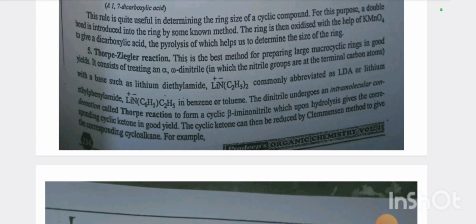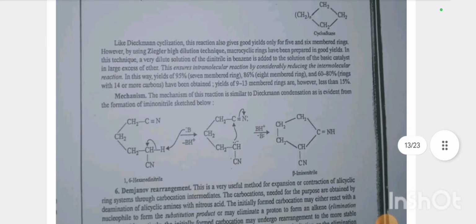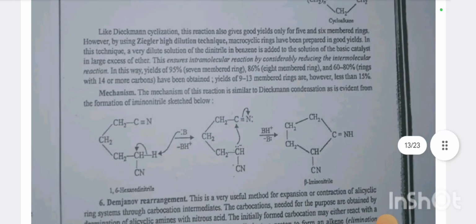The dinitrile undergoes an intramolecular condensation called the Thorpe reaction to form a cyclic beta-iminonitrile, which upon hydrolysis gives the corresponding cyclic ketone in good yield. The cyclic ketone can be reduced by the Clemmensen method to give the corresponding cycloalkane. Like Dieckmann cyclization, this reaction also gives good yields only for 5-6 membered rings.